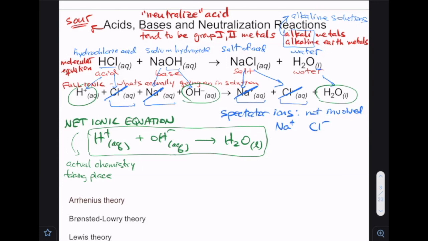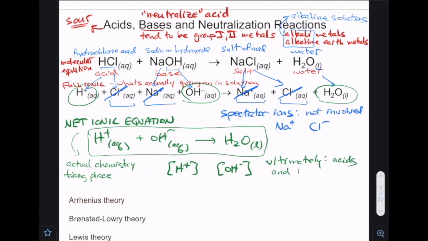Everything that we're describing that's happening with acids and bases in aqueous solution is really all boiling down to this equation: the concentration of hydrogen ions in aqueous solution and the concentration of hydroxide ions in aqueous solution. This is what's ultimately going to dictate whether something behaves as an acid or behaves as a base.